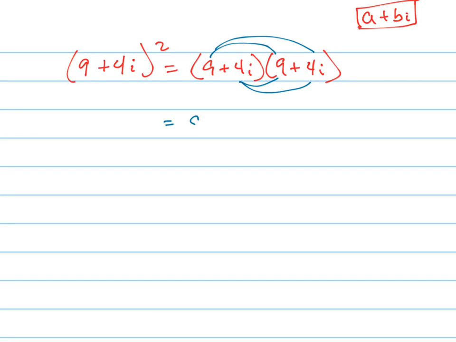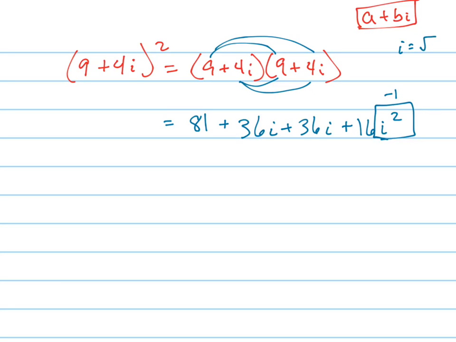So this is going to equal 81 plus 36i plus 36i plus 16i squared. Remember, i squared is just -1 because i is equal to the square root of -1.